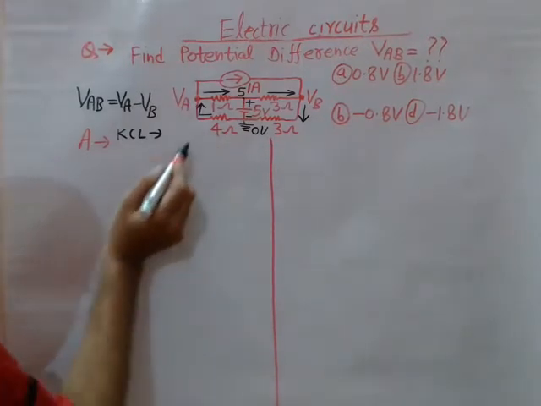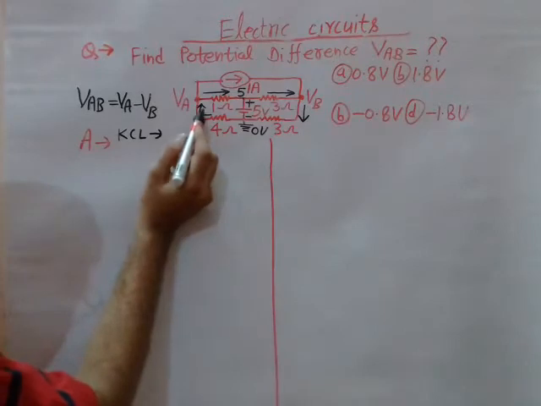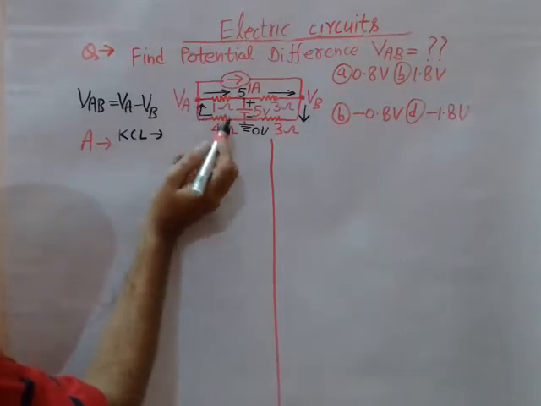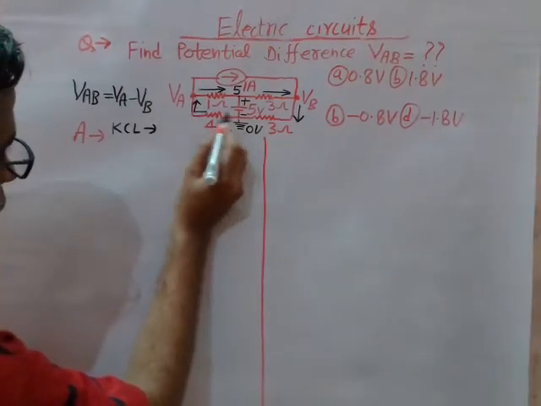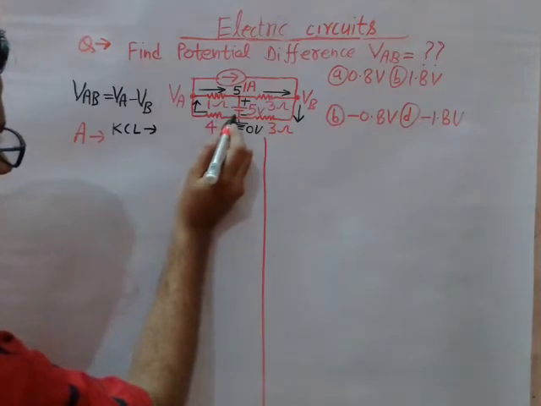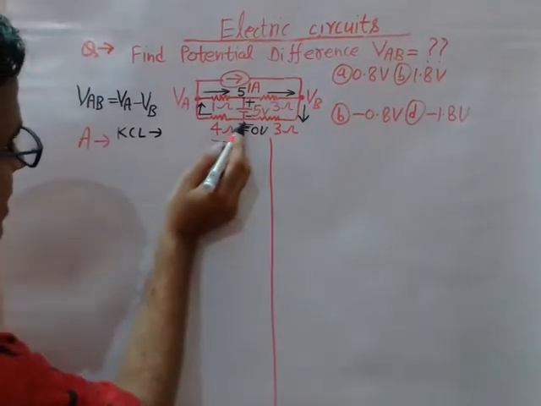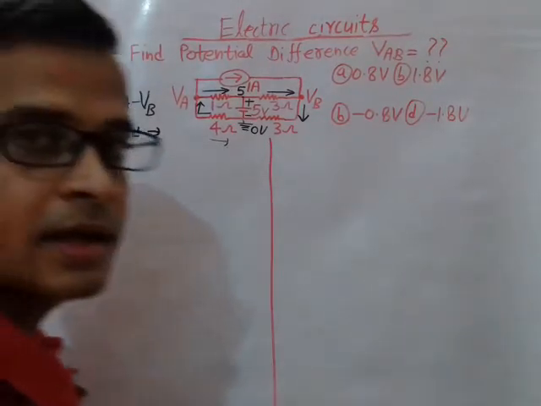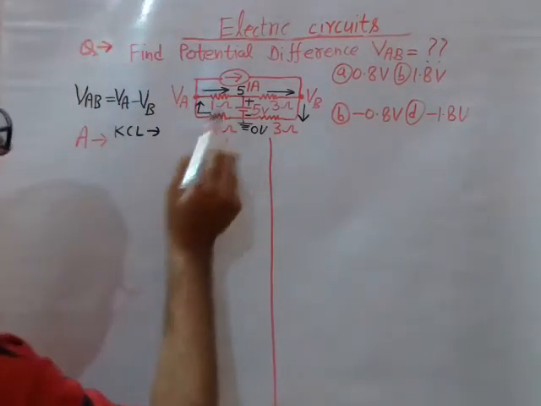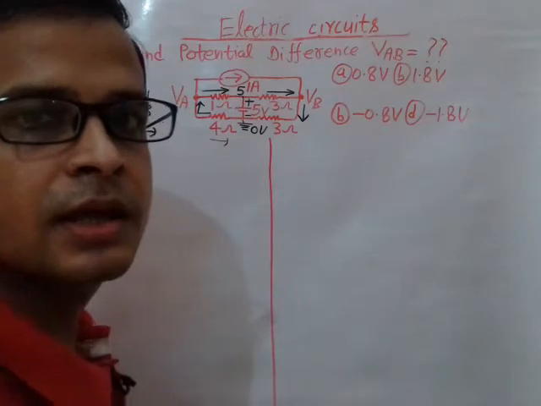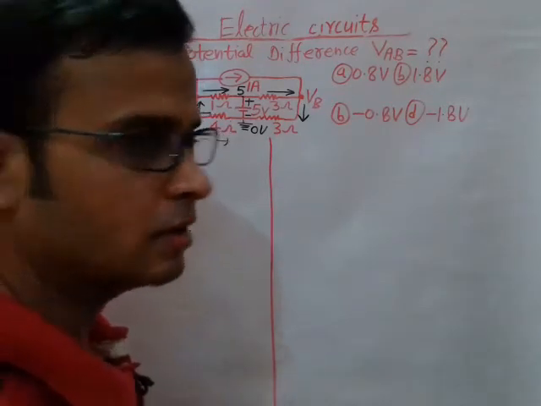Now if you choose the direction of current just opposite to that which I have chosen, then you will write VA minus 0 by 4. So whichever way you choose, accordingly you will write the Kirchhoff's current law.